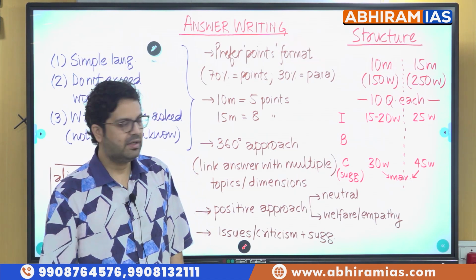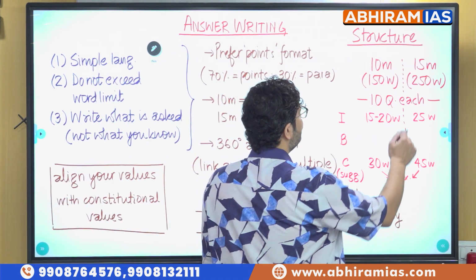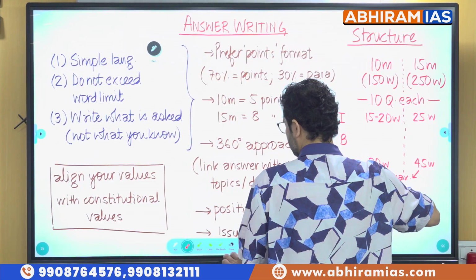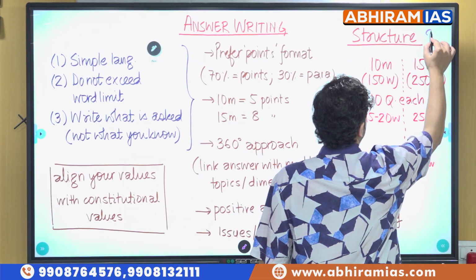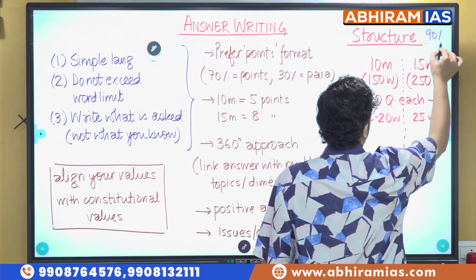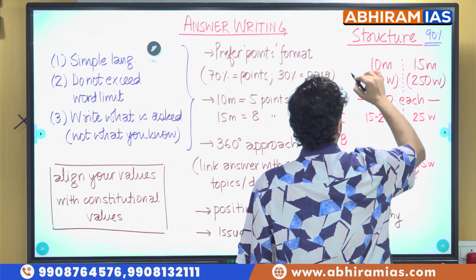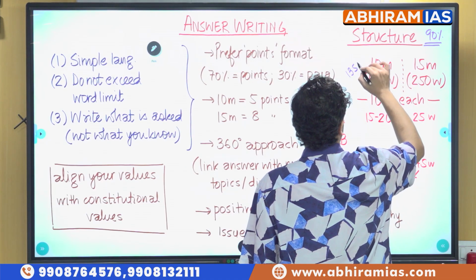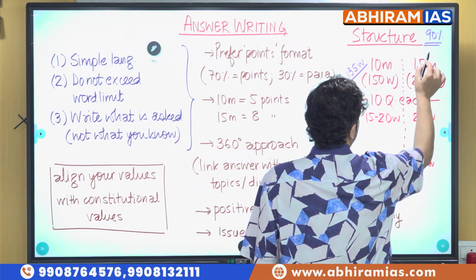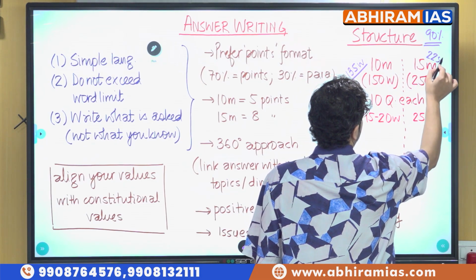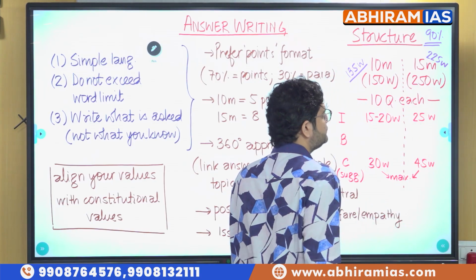Clear? And try to write only 90% of the word limit. Meaning a 150 word answer should be written in 135 words. That's it. A 250 word answer should be written in 225 words maximum.